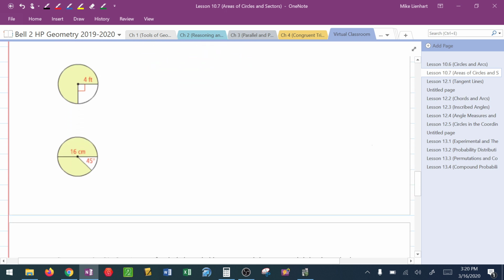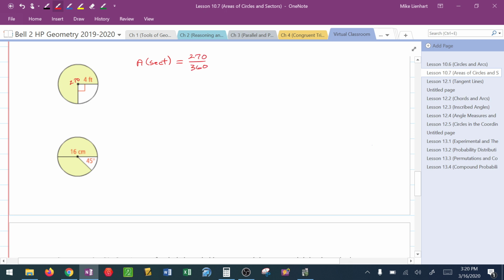All right, take a look at the next one here. I know that the area of a sector is theta over 360. Now this theta would be 270 because all together there in the center we've got 360. 270 over 360.